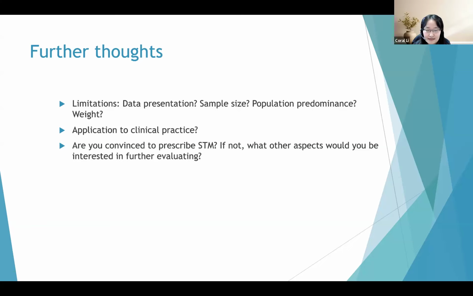So it kind of gives a false message to the general public regarding this medication. So it is important to further analyze the limitations of these types of studies, especially if it's not pre-planned. There are a lot of other variables that need to be considered and evaluated in the future too.